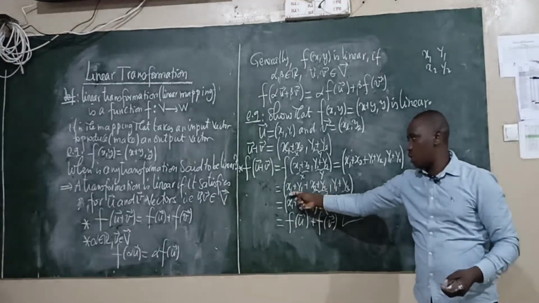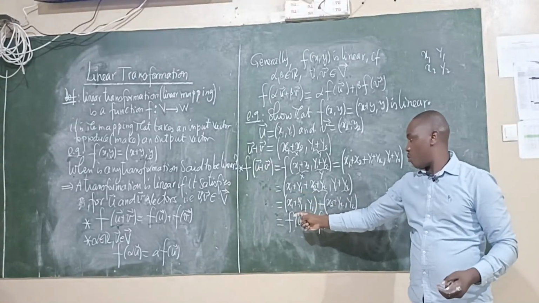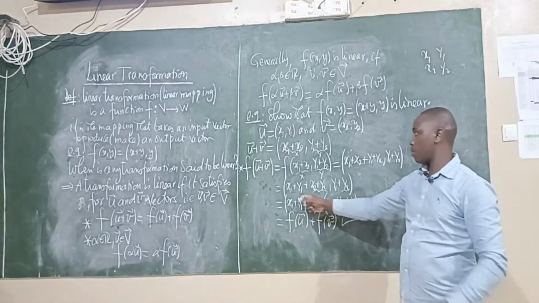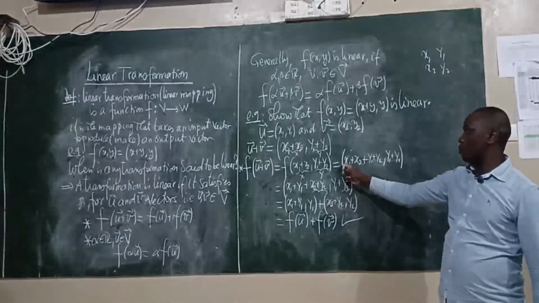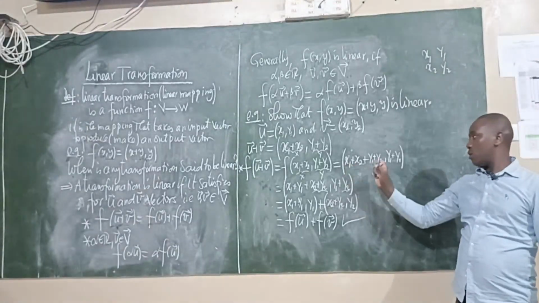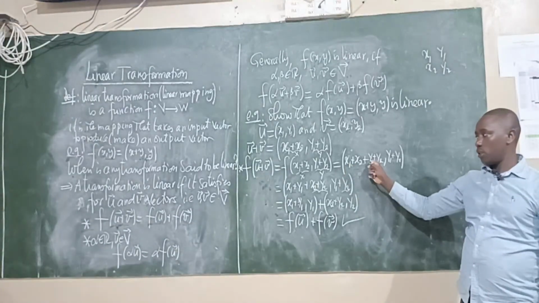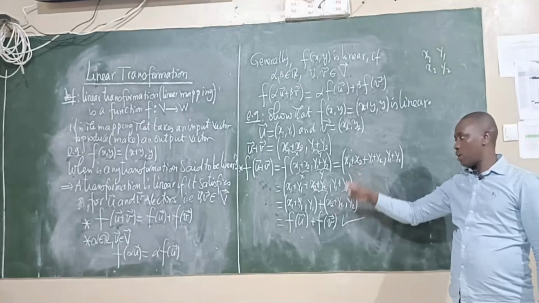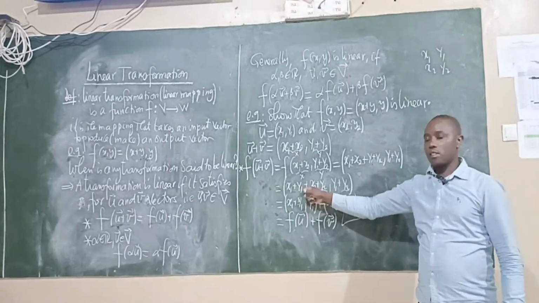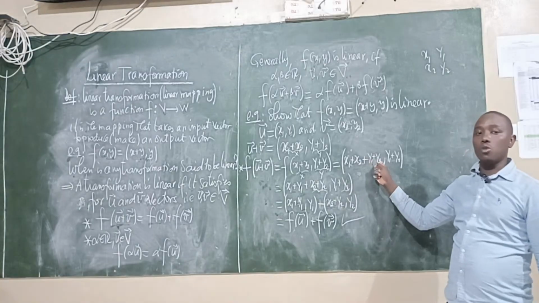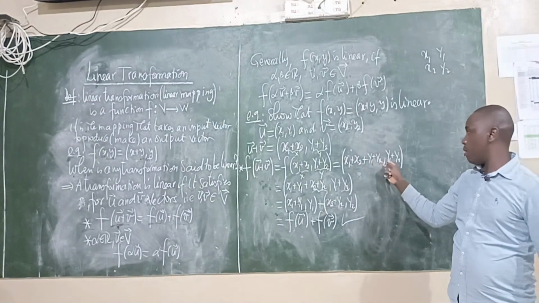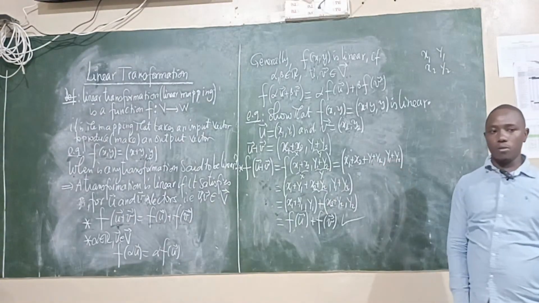So we take x1 plus y1 plus x2 plus y2, they go together, comma y1 plus y2.